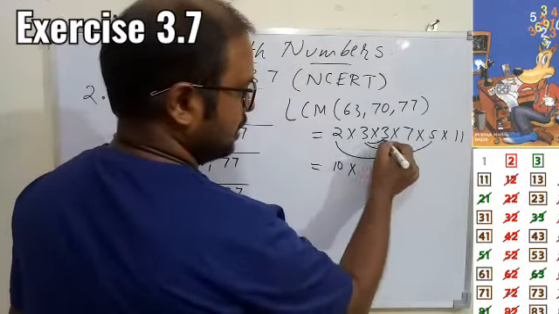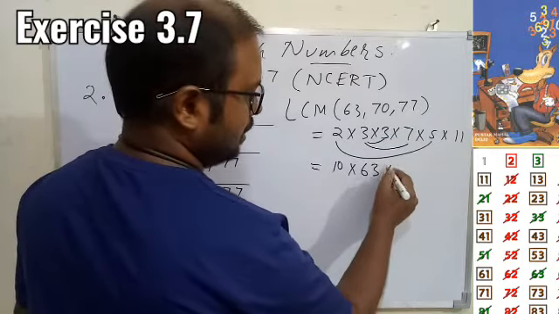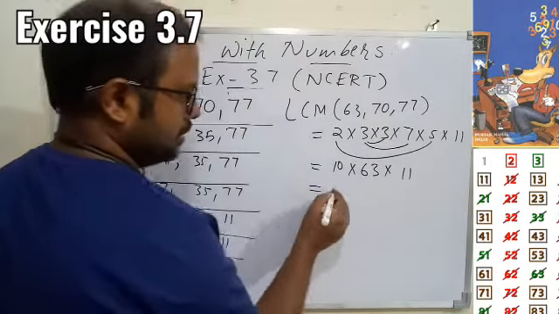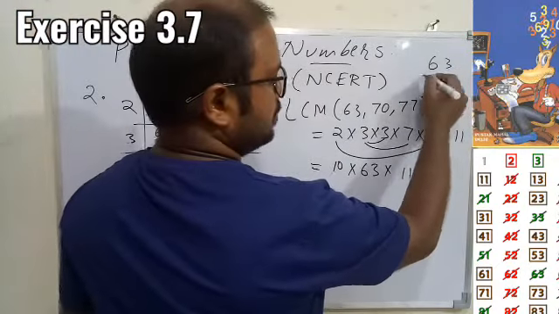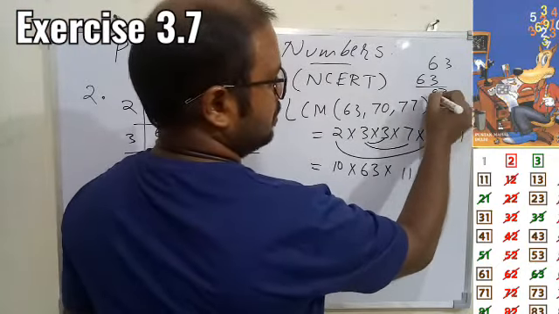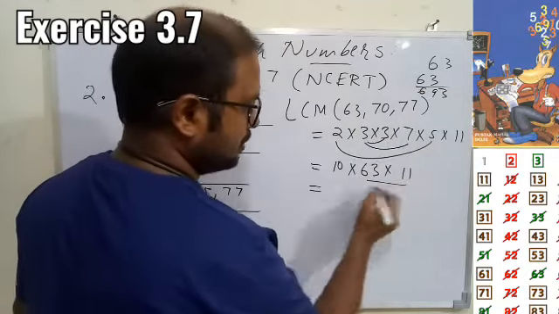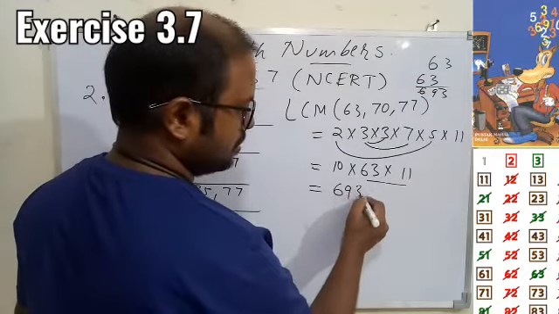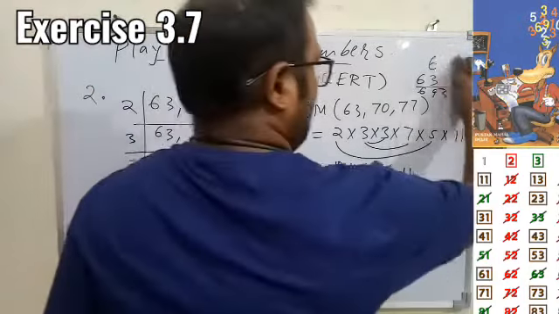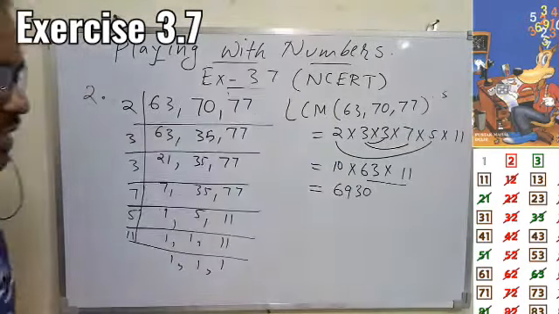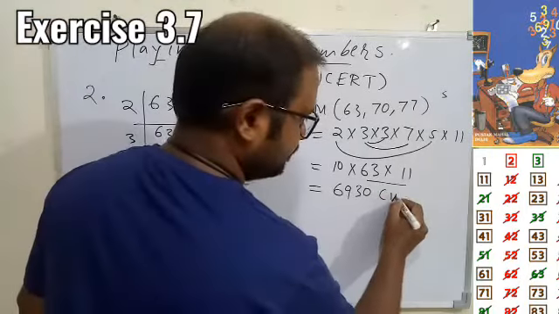So if you multiply this, you will get 63 and 11 left. So overall 63 into 11 is how much? You know, 693. So this is 693 into 10, 6930. So we got the answer 6930 centimeter.